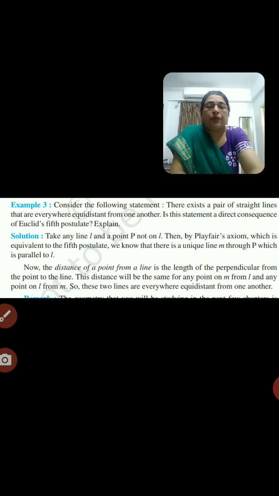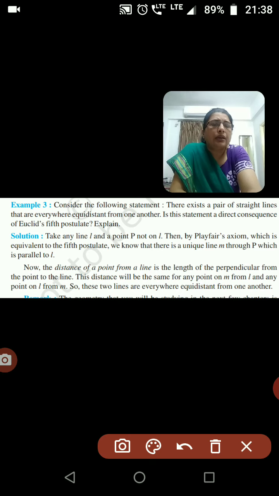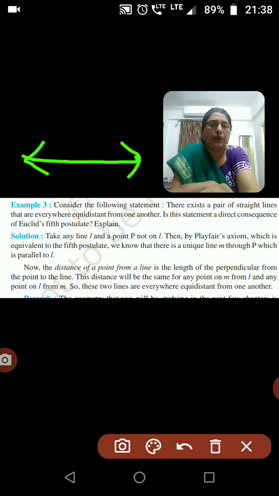So let us take one line, this straight line. I am doing this with a brush, so it is not a straight line, but you may draw it with the help of a scale.